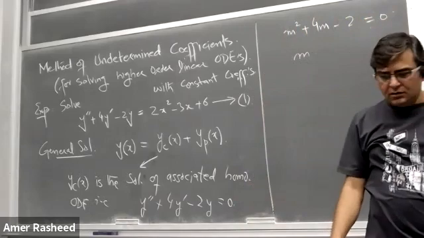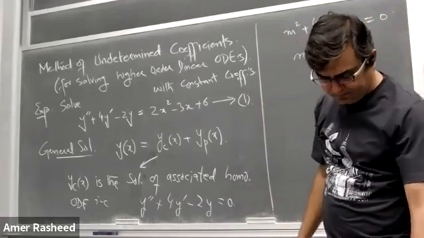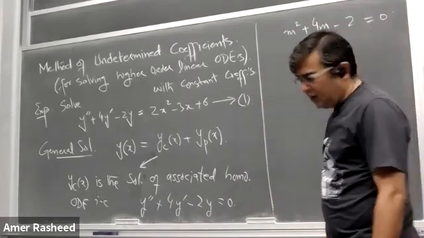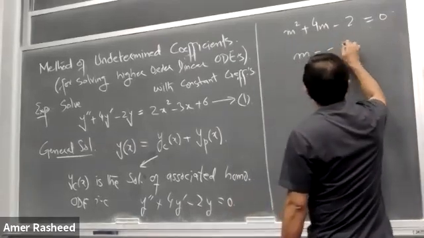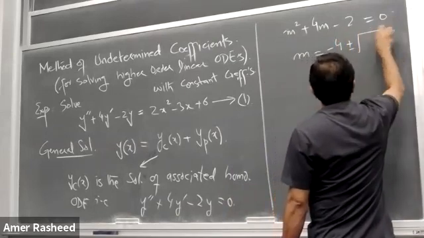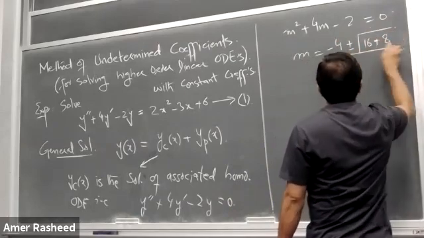No. We can find the roots by using the quadratic formula: minus b, that is -4, plus minus the square root of 16 plus 4 times 2, which is 8, divided by 2.